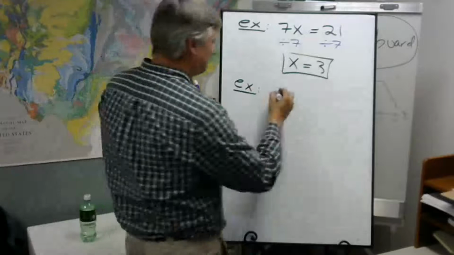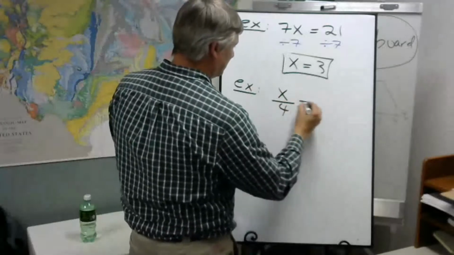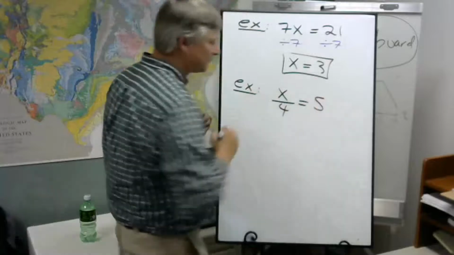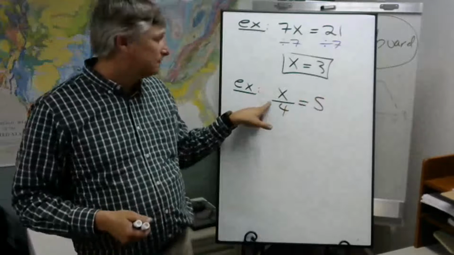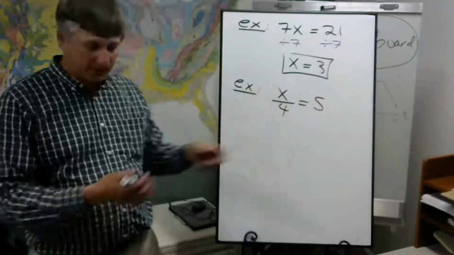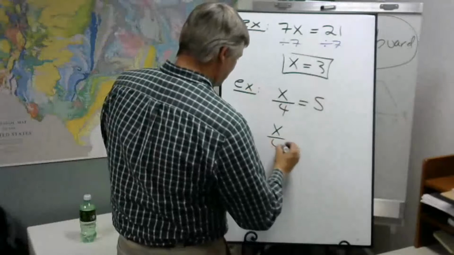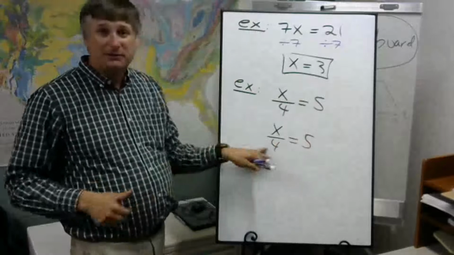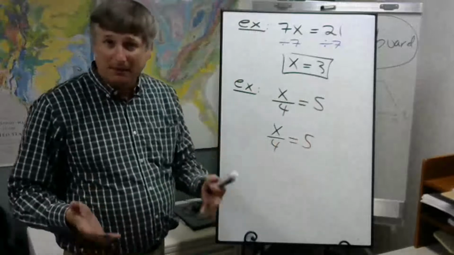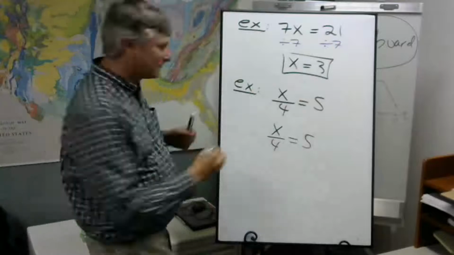Now consider this. X over 4 is equal to 5. Now, this means division. So we're dividing x by 4. So to undo the division, to cancel it, to get x by itself, we multiply both sides by 4.